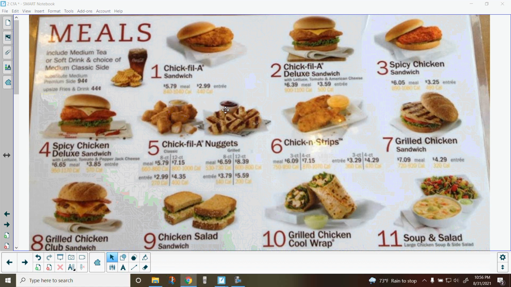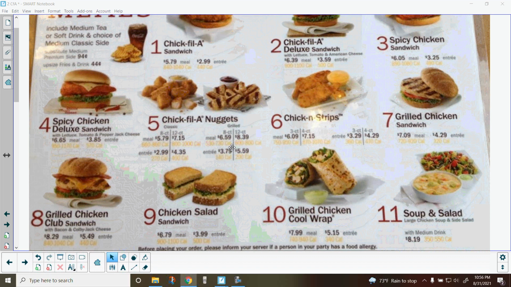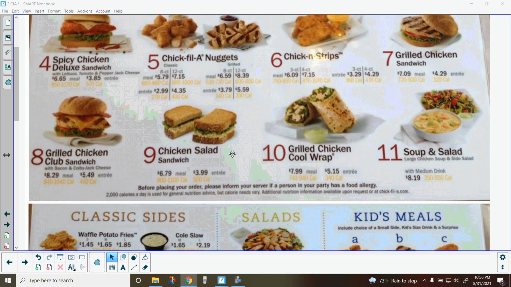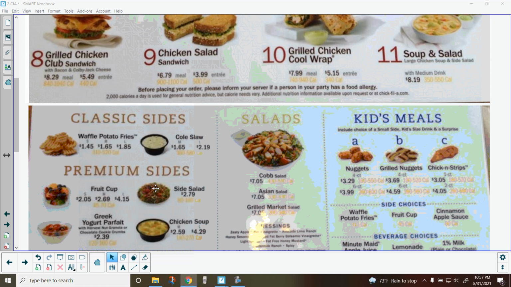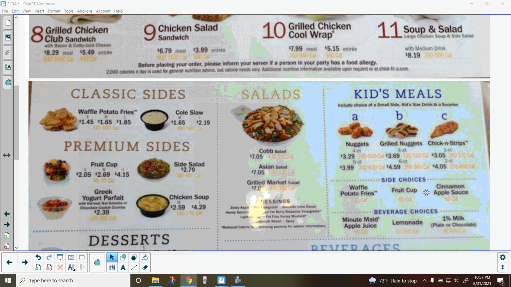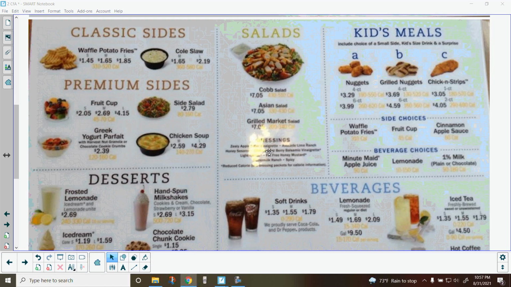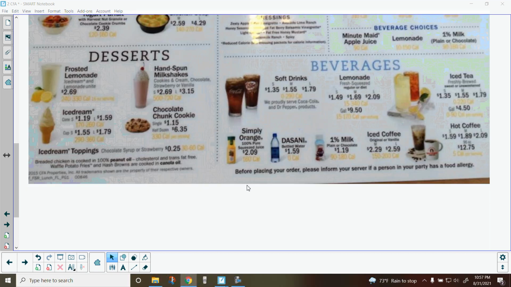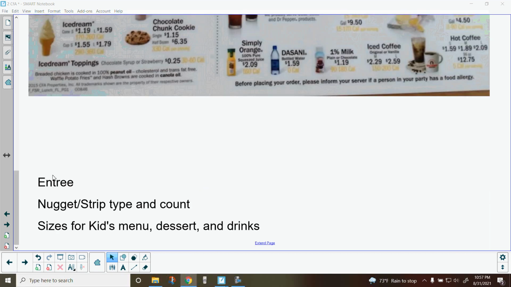Anyway, so here's the entrees, different size nuggets. Classic sides, premium sides, salads, kids meal, beverages, and then just a reminder.